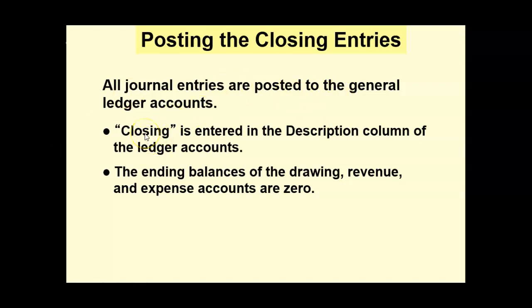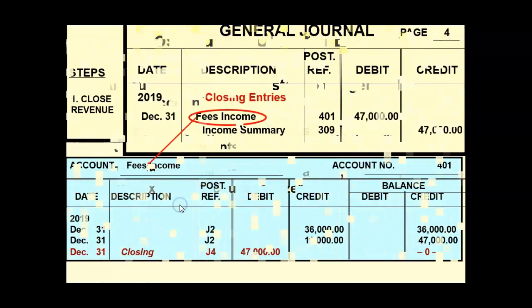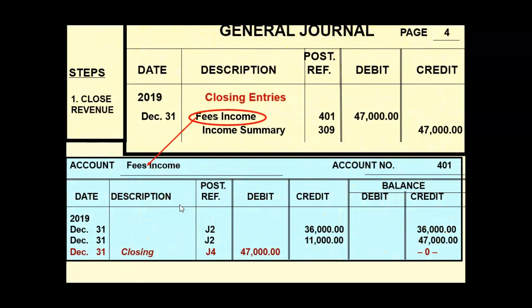We write the word closing in the description column of each of those ledger accounts to identify the type of transactions we are about to post into the ledgers. Once you're done with the posting, the ending balance for any temporary account, drawing accounts, revenue accounts, expenses, should all have a zero balance.